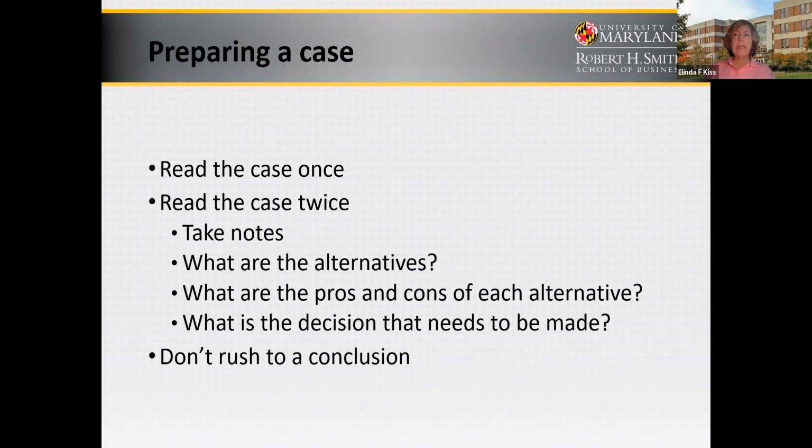And finally, what is the decision that needs to be made? Don't rush to a conclusion. That means you're going to have to work the numbers before you are able to get an answer to this case. You don't want to make a conclusion until you realize all the aspects that relate to that conclusion.